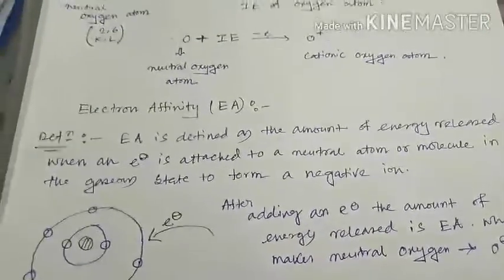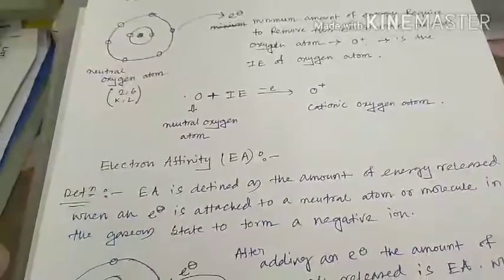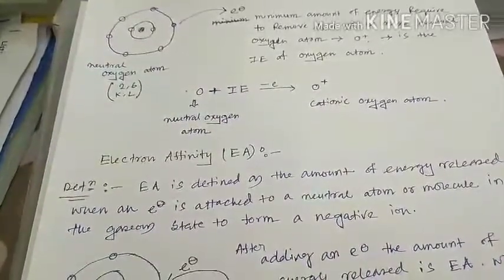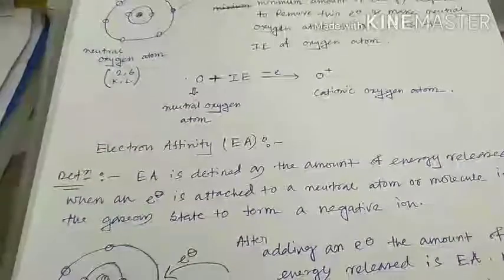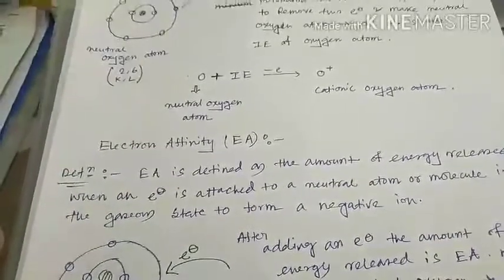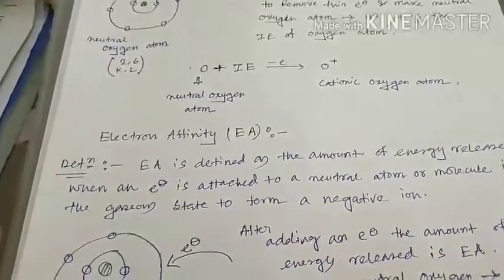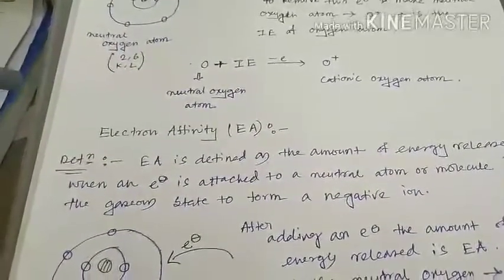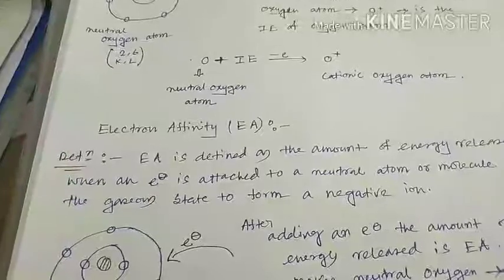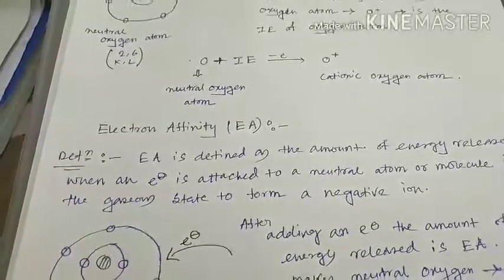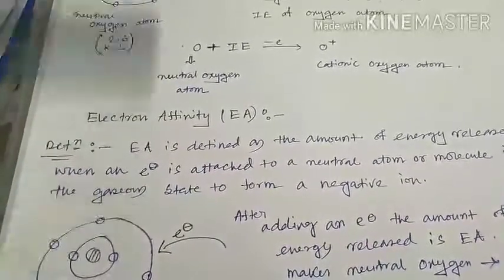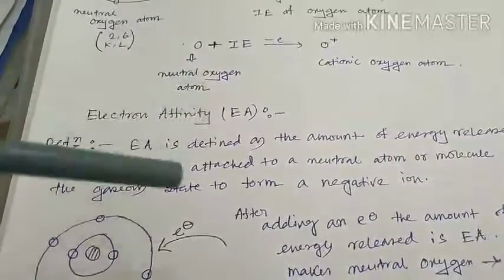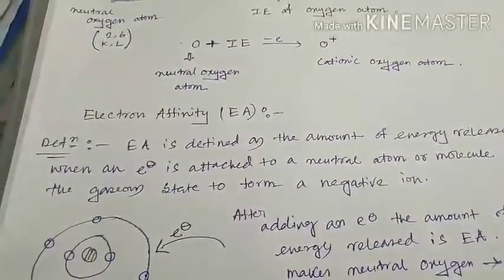In ionization energy, to remove an electron we give energy, but here, to attach an electron in the valence shell, an amount of energy is released. This amount of energy is called electron affinity.